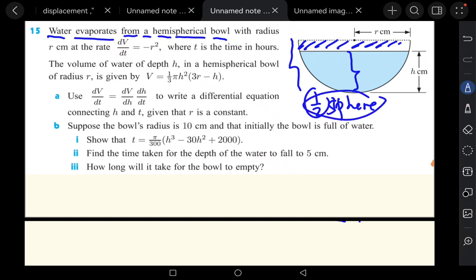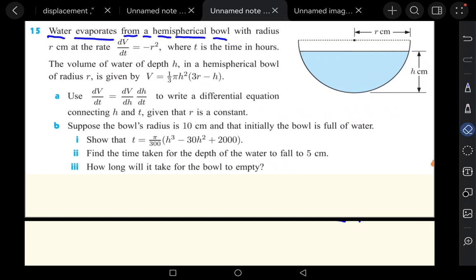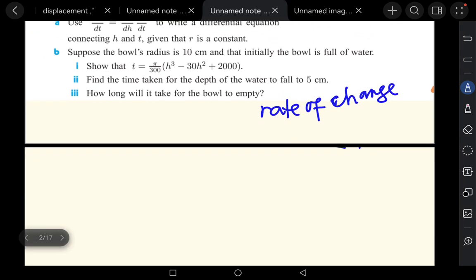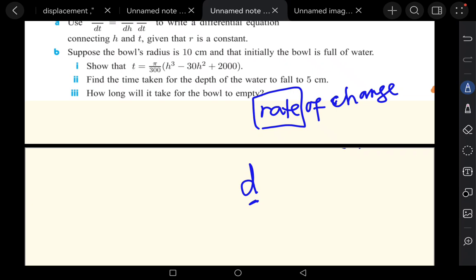Okay, here is with the radius r and the rate. Remember, the rate is the rate of change. Remember, rate of change is talk about the difference between two quantities. So derivative or differential, the difference is differential of any function.